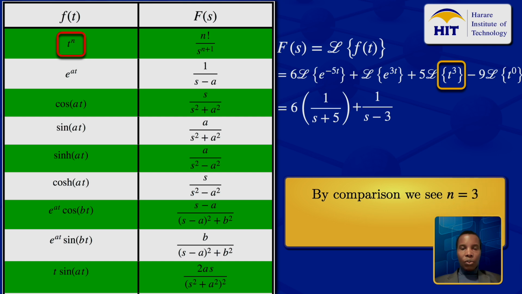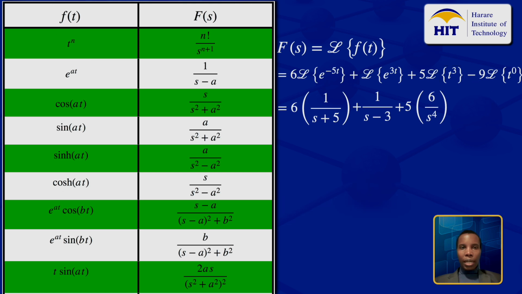So if n is equal to 3, in the column of F of s, we substitute n equals 3 here, and what we would have is our Laplace transform is 3 factorial over s to the power 3 plus 1. 3 factorial is 3 times 2 times 1, which gives us a 6. So our Laplace transform becomes 6 divided by s to the power 4. So I'll go on and substitute it on this part here, so that we have plus 5 multiplied by 6 divided by s to the power 4.